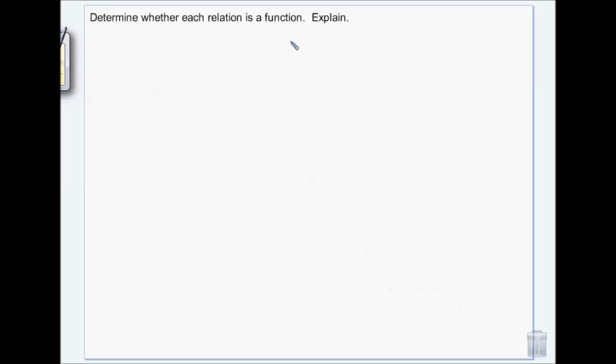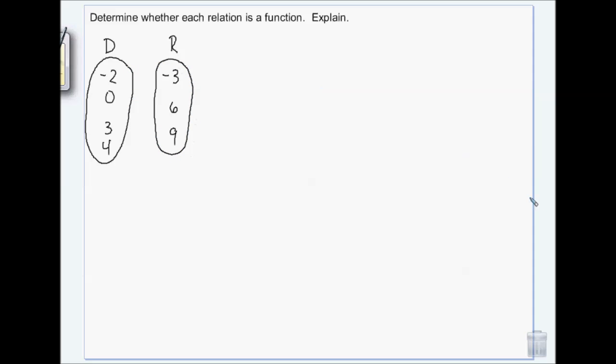Okay. So to determine whether a relation is a function or not, let's look at the one we had on the previous page. Sorry, I'm looking at the wrong one. -2, 0, 3, 4, and then my range is -3, 6, and 9. Okay, here's the test.